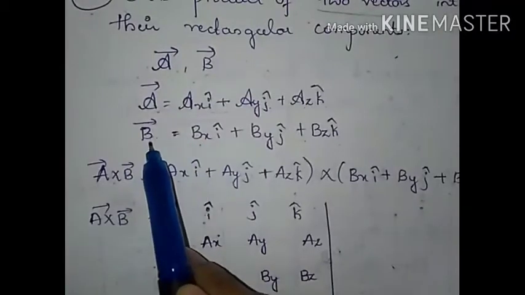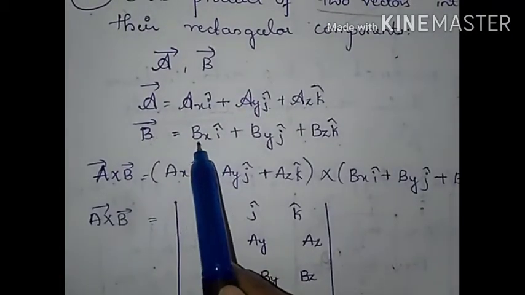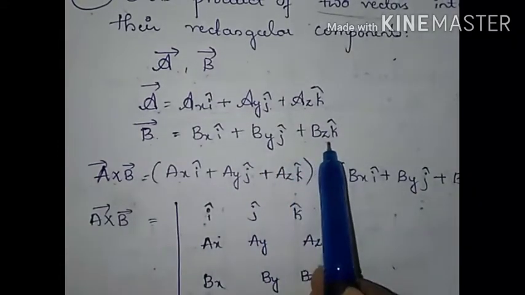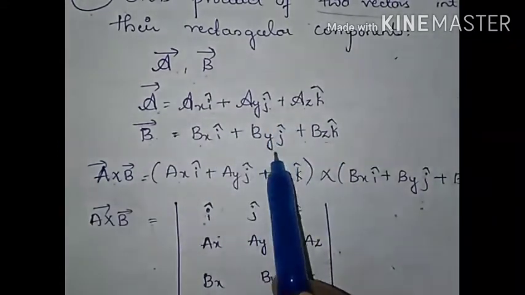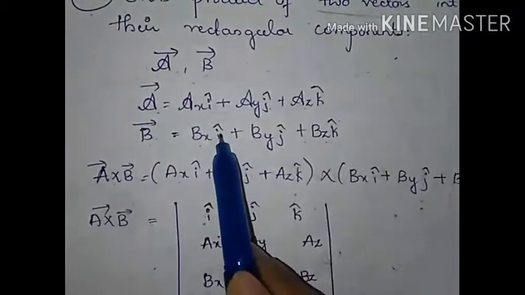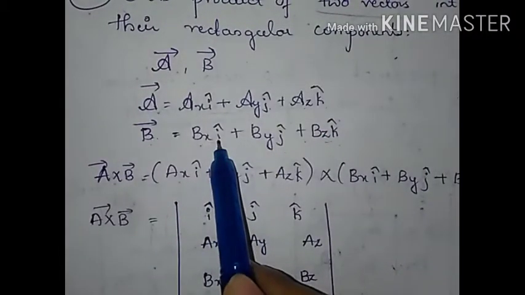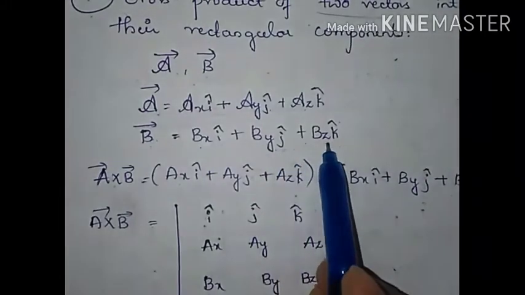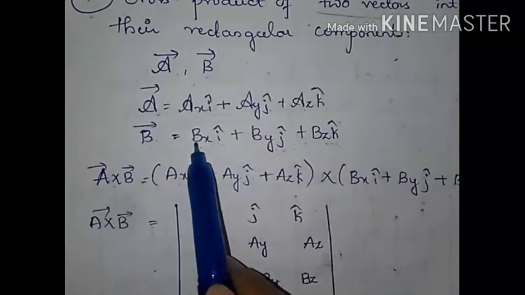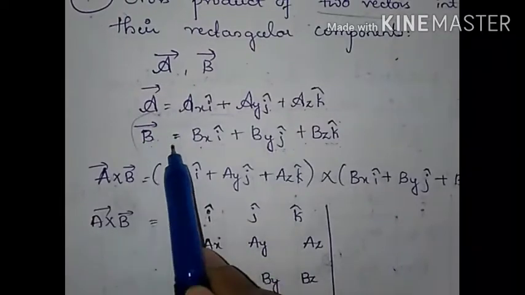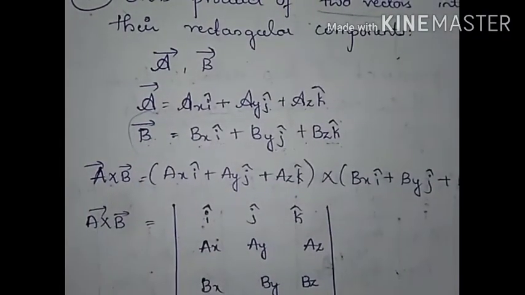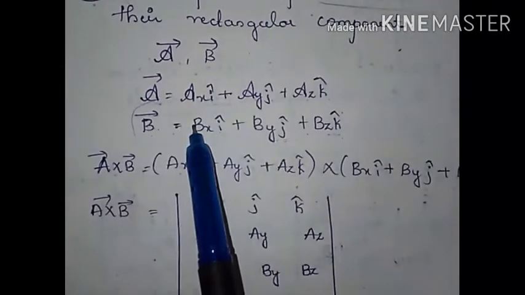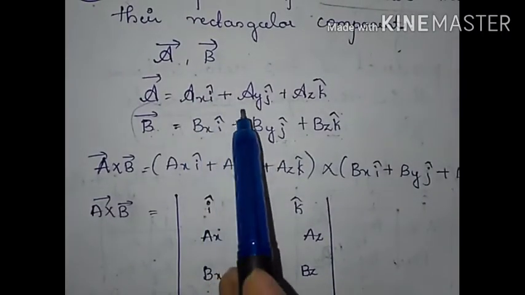These are the components along the x-axis, along the y-axis and along the z-axis. And what are i cap, j cap, k cap? These are the unit vectors along the x-axis, the y-axis and the z-axis. So this is how we write the rectangular components for the given vectors.